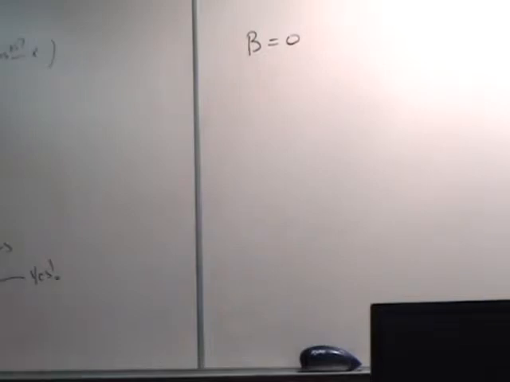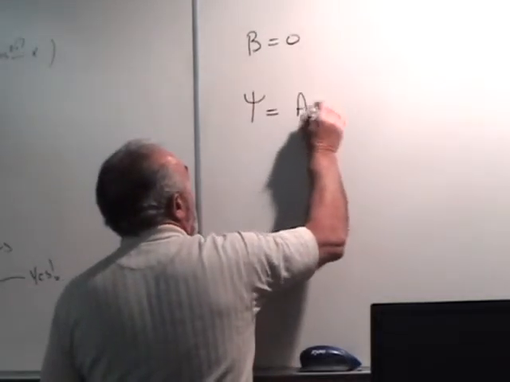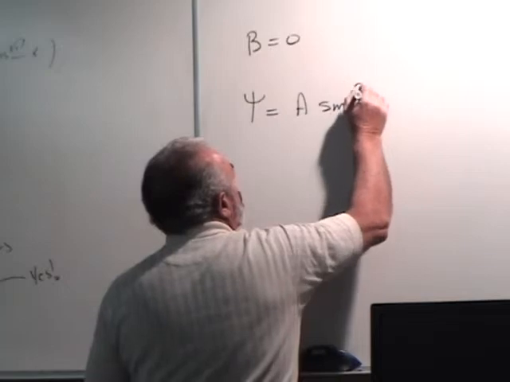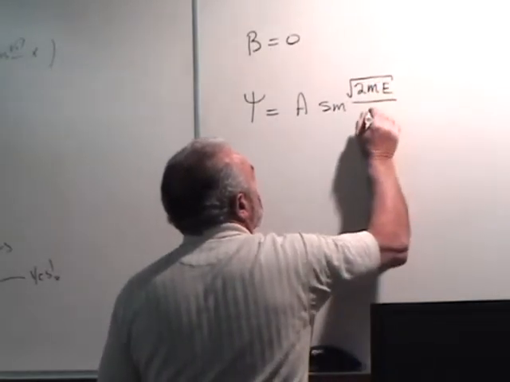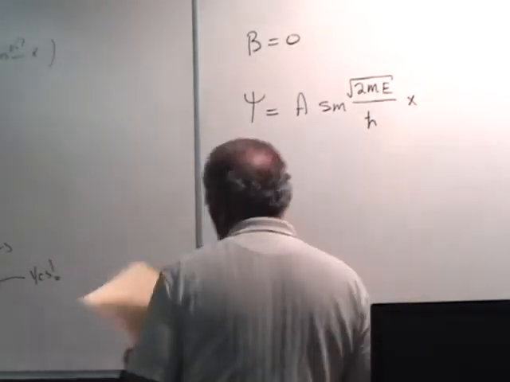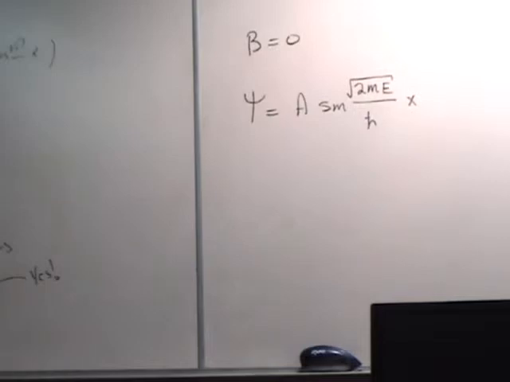So now our wave function just becomes psi equals A sine of the square root of 2mE over h bar, times x. And of course, this wave function is properly behaved at x equals 0, isn't it?